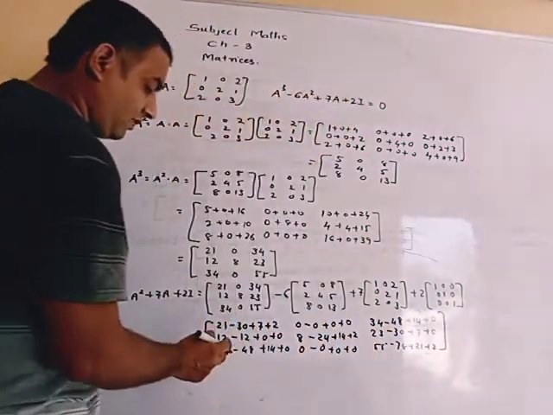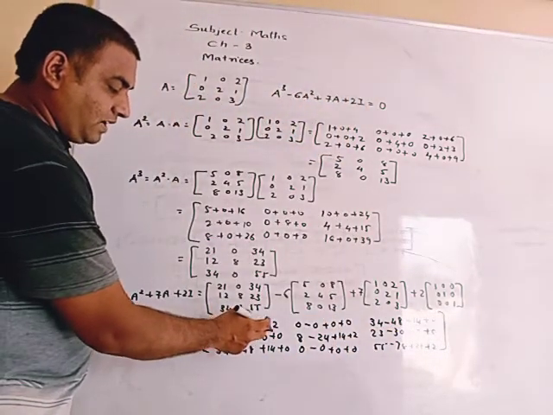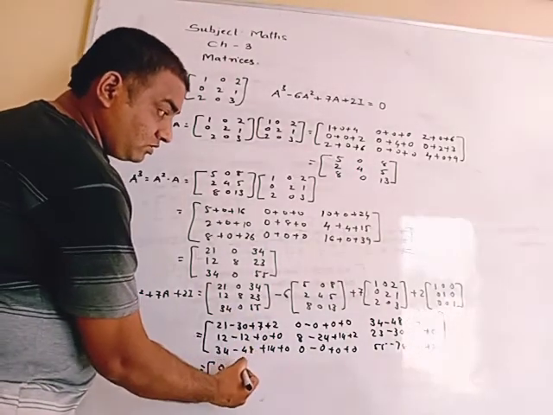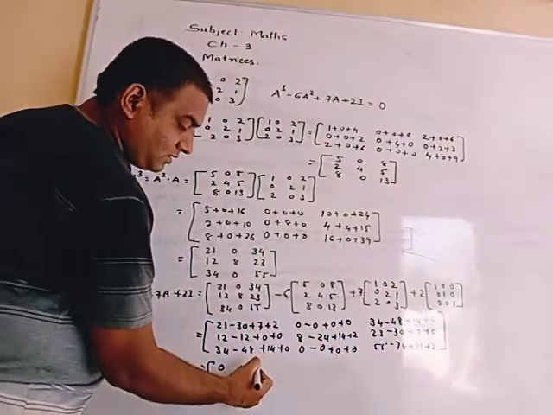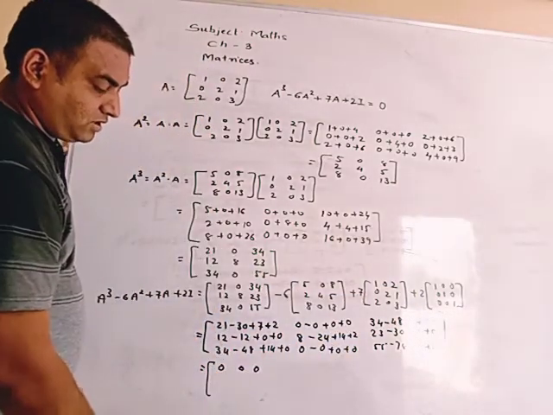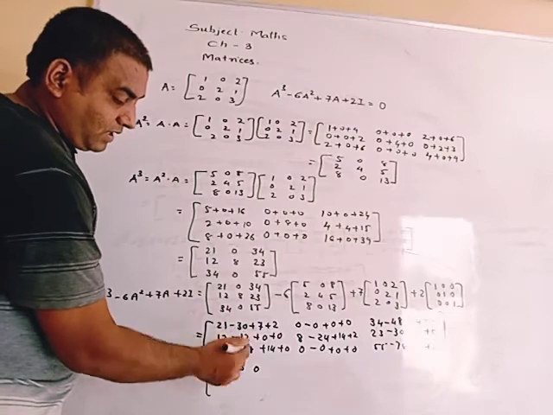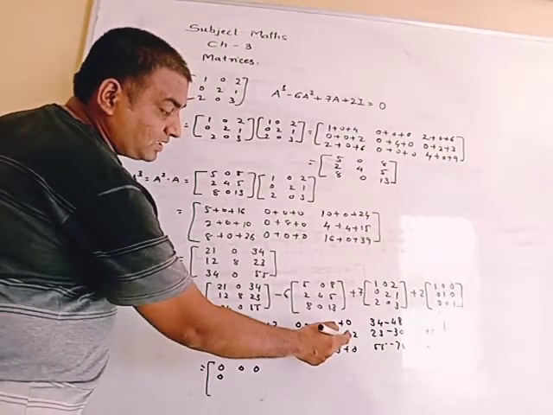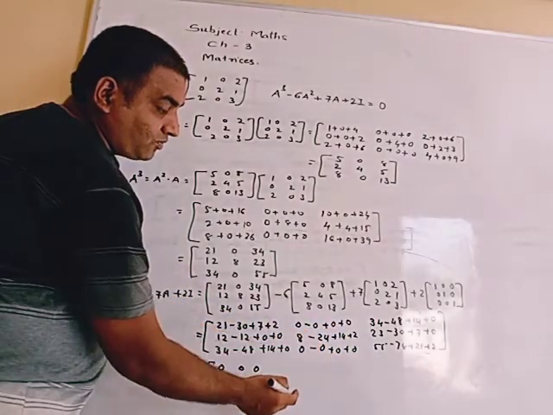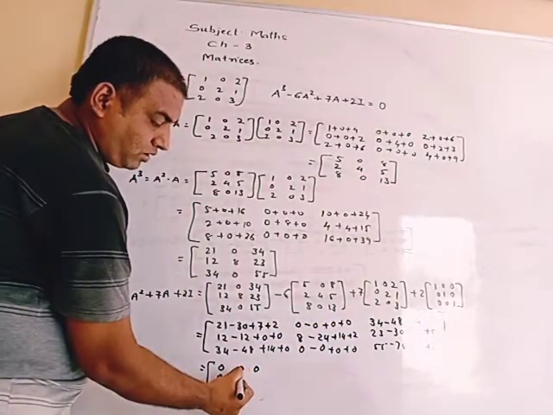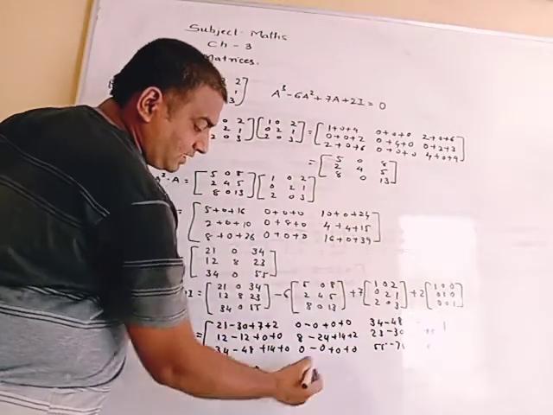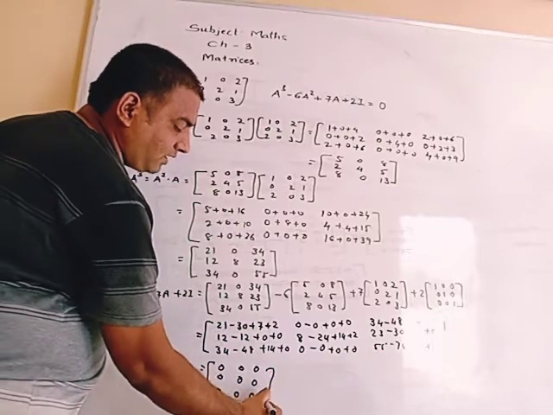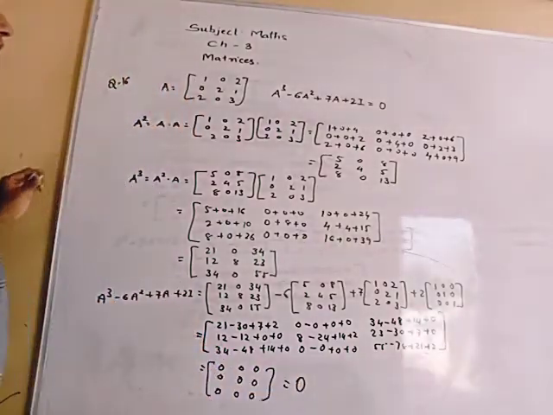So we can see that 21 plus 7 is 28, plus 2 is 30, minus 30 is 0, 0. 34 and 48, 0; minus 0; 48, so 0. 12 minus 12 is 0. 24 minus, and 14 plus 8 is 22, plus 2 is 24, so again 0. 23 and 7 is 30, minus 30 is 0, 0, 0, and 0. So all the entries are 0, so it is equal to the 0 matrix.